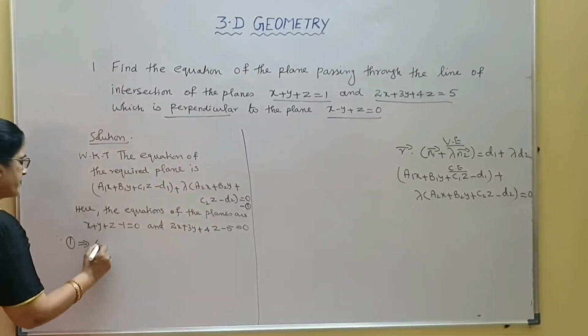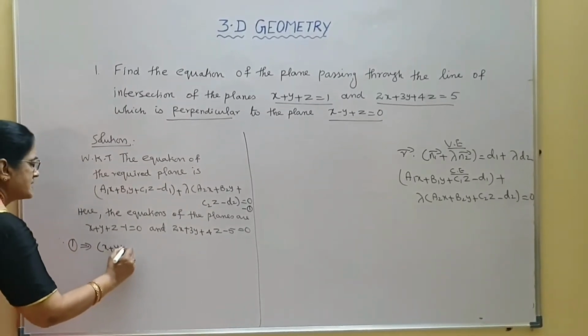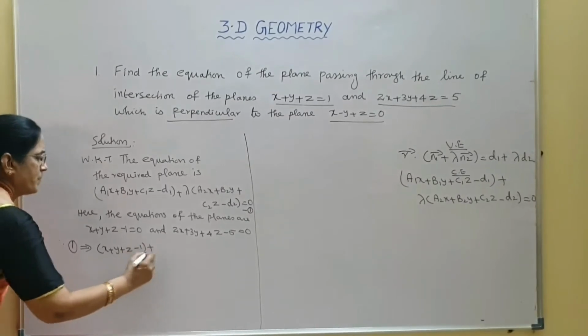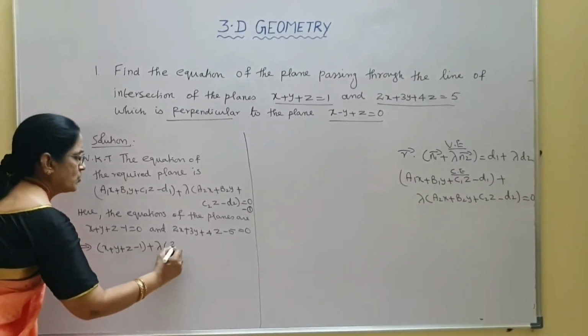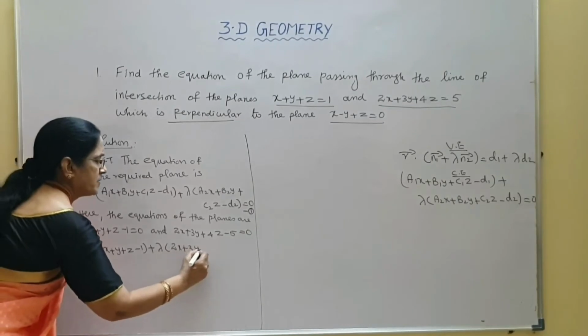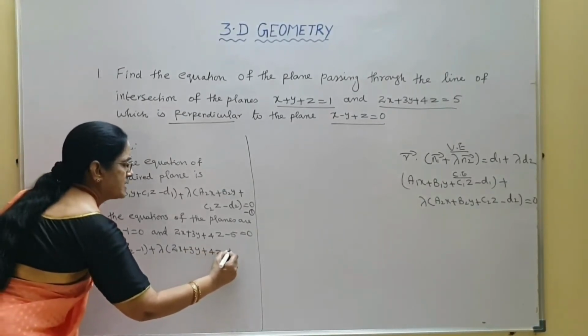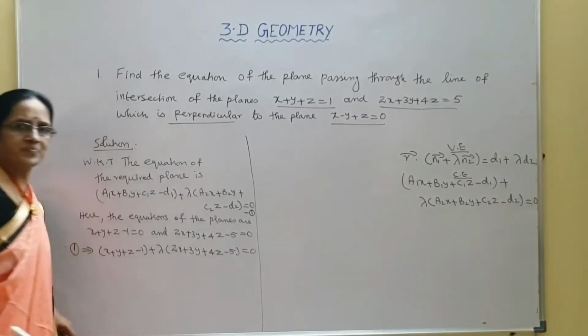You will have x plus y plus z minus 1 plus lambda times 2x plus 3y plus 4z minus 5 equal to 0.